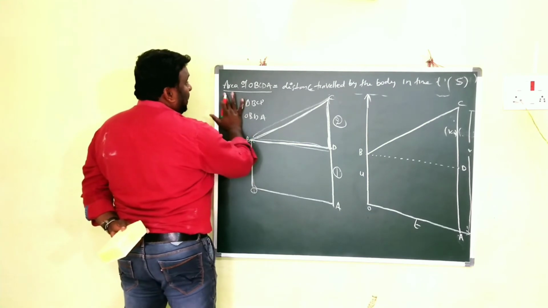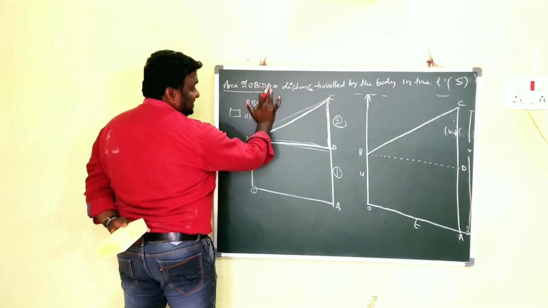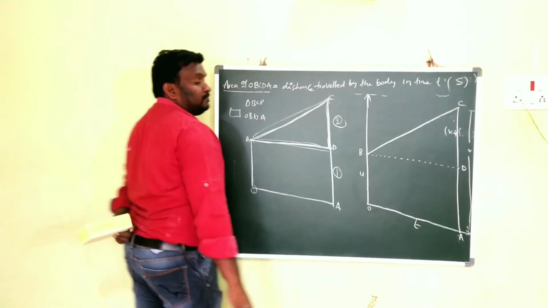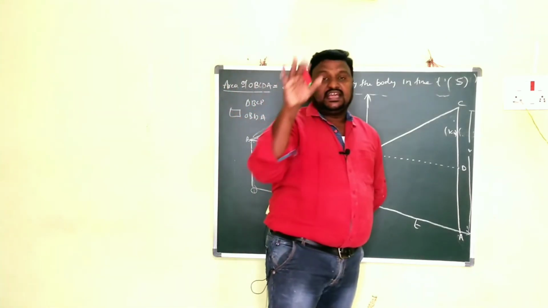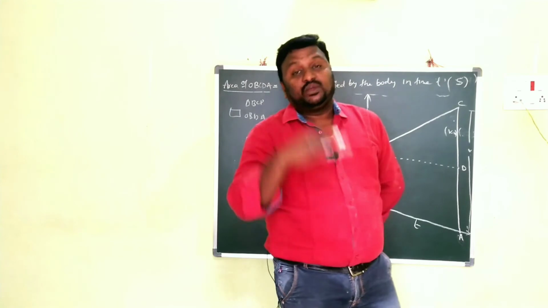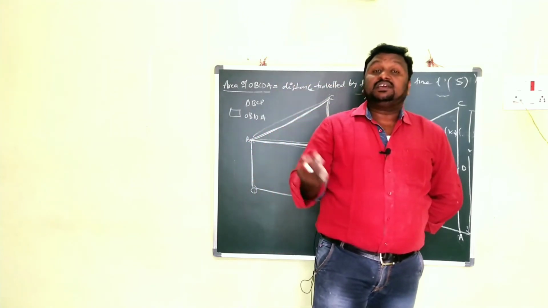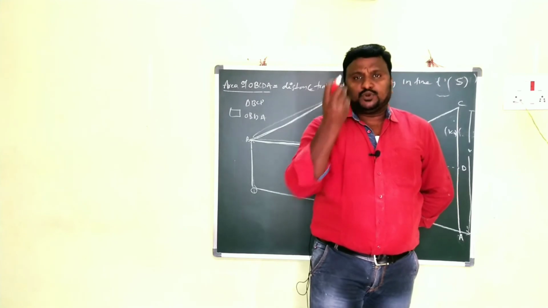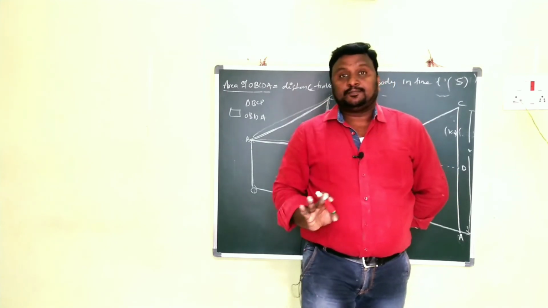That means the area of O, B, C, D, A is the area of the rectangle plus the area of the triangle. Got my point? The total area under this straight line is the sum of the area of the triangle and the area of the rectangle. If you know this simple logic, the remaining is very easy.